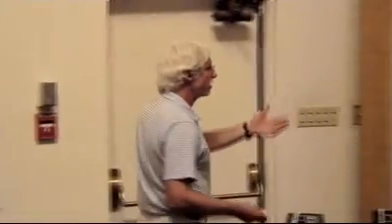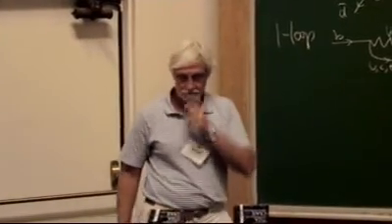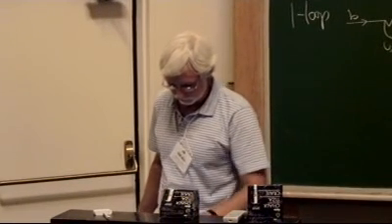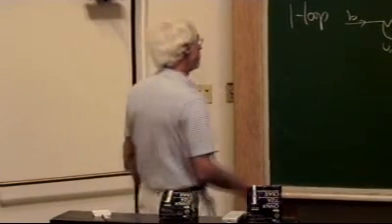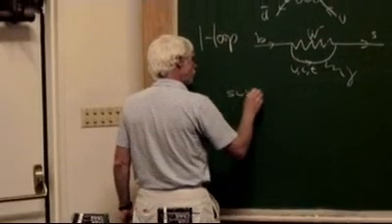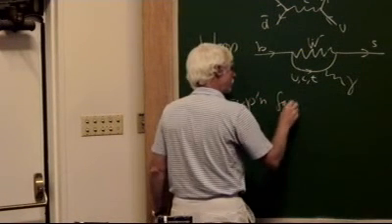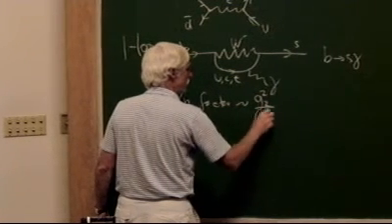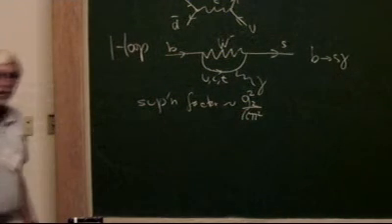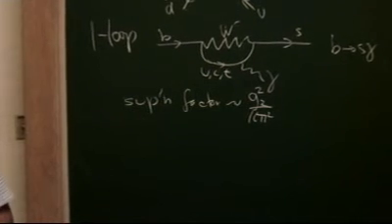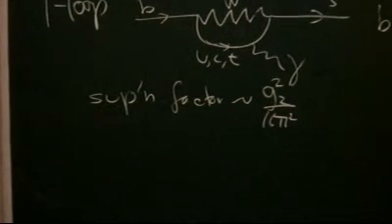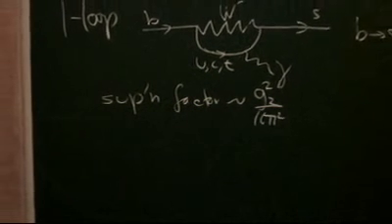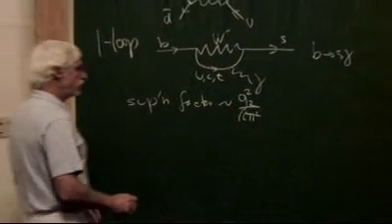And they're suppressed because this is one loop, not tree level. So the initial suppression factor is, roughly speaking, g squared over 16 pi squared. One of the wonderful things of the standard model is that there's actually more suppression than that. And that's what we call the GIM mechanism.